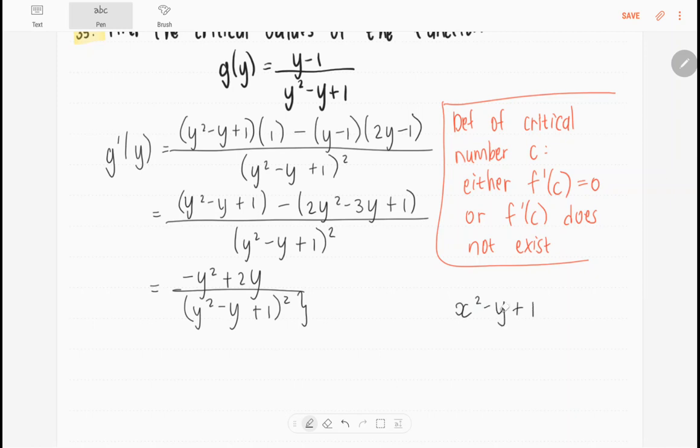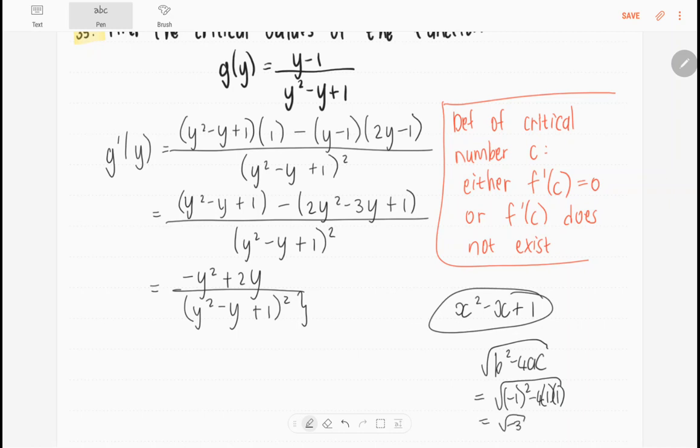It's an equation of a parabola, right? A parabola with a y-intercept at 1. And will this equation ever equal 0? Well, let's just quickly look at b squared minus 4ac of this equation. That gives us the square root of (minus 1) squared minus 4 multiplied by 1 multiplied by 1, which is the square root of minus 3.